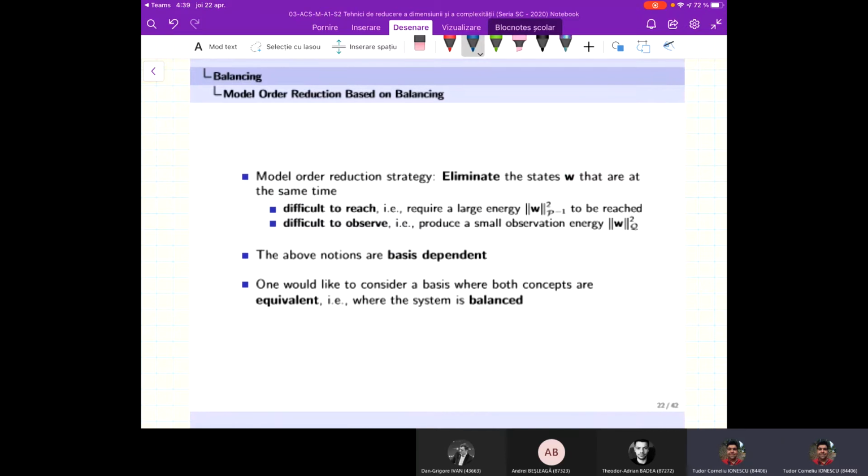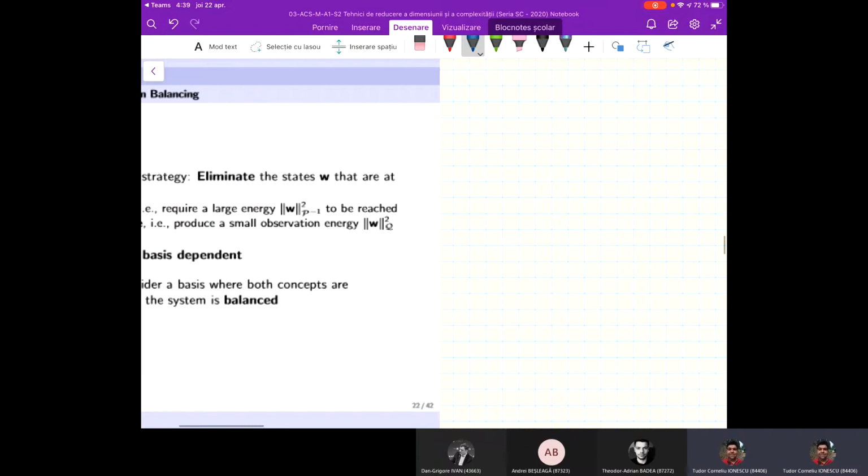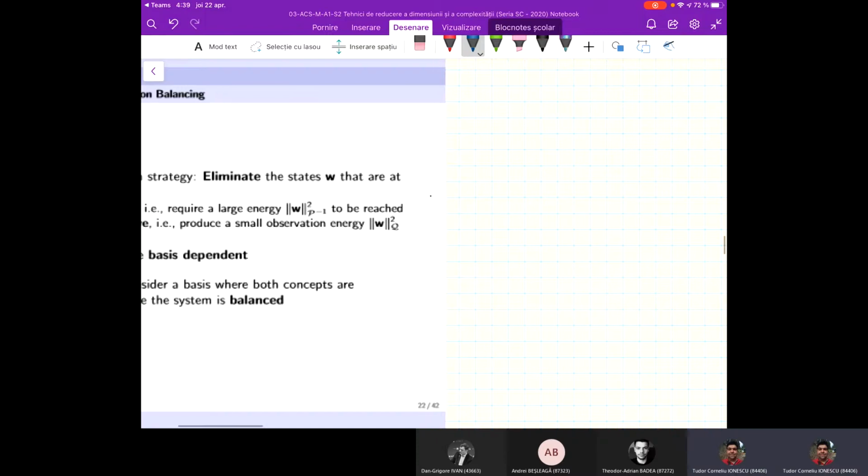Now we are just going to look at the procedure: model order reduction based on balancing. What is the main idea behind this? The main idea is that we eliminate the states that are difficult to reach and difficult to observe. That is, LC is large in some sense, depending on what large means, and LO is small.